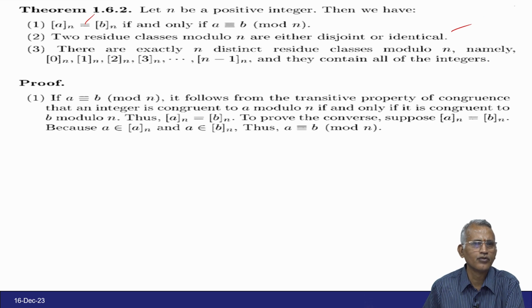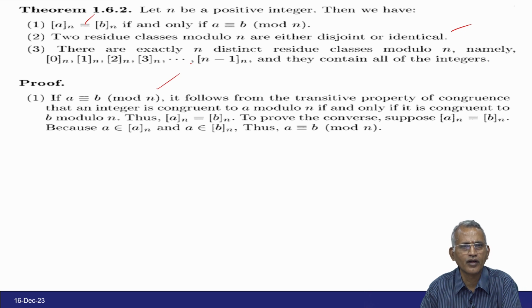Now we have a proof. If a is identically equal to b under modulo n, it follows from the transitivity property of congruences that an integer is congruent to a modulo n if and only if it is congruent to b under modulo n. So the class of integers modulo a is equivalent to the class modulo b.